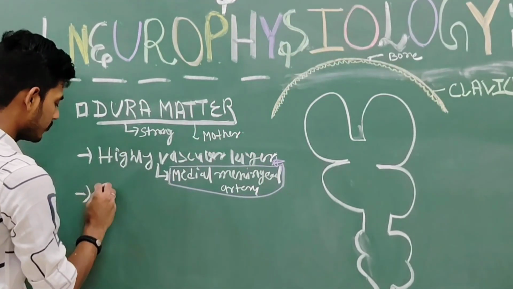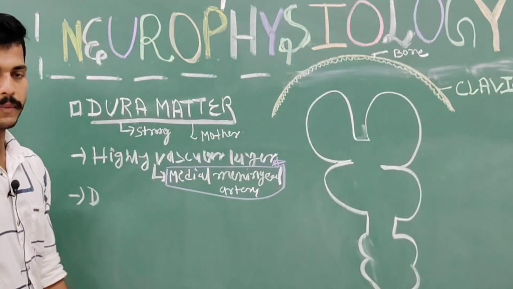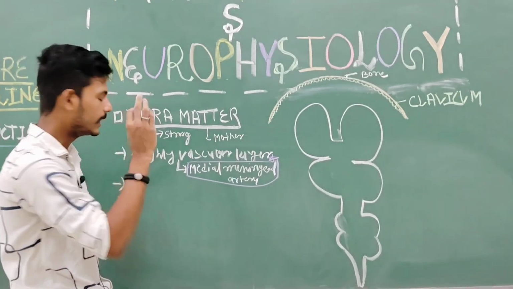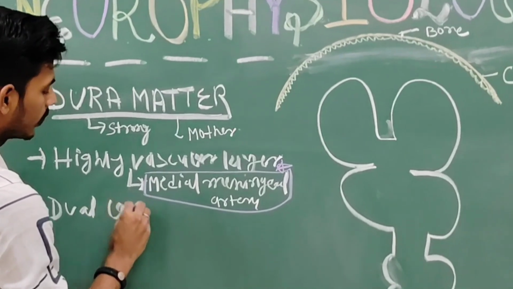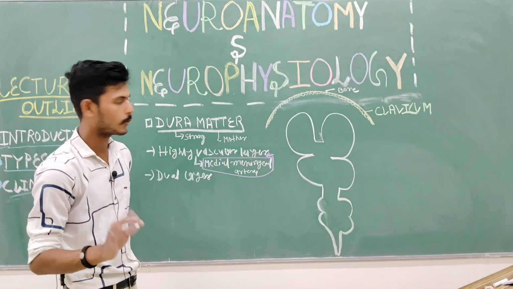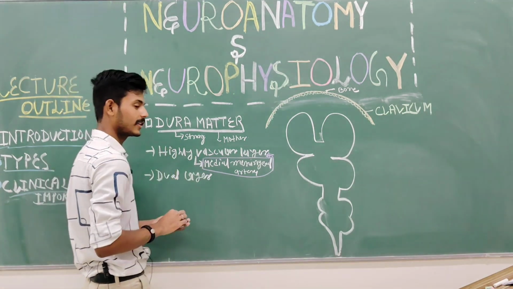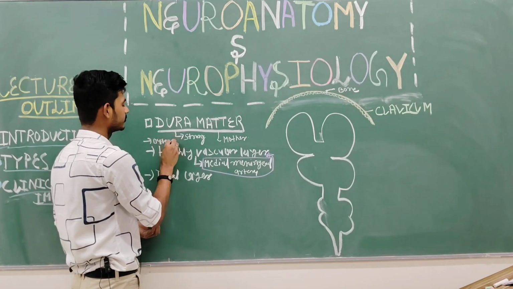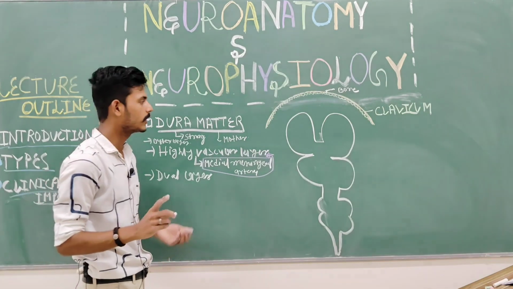This meningeal layer, the first layer, that's your dura mater, is a dual layer. And don't forget, it's the outer layer of the brain.